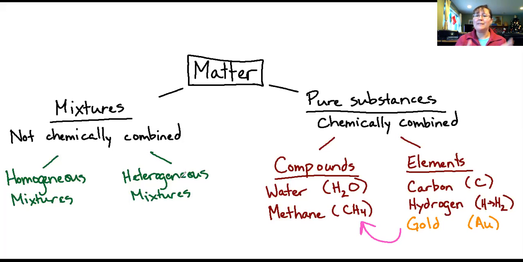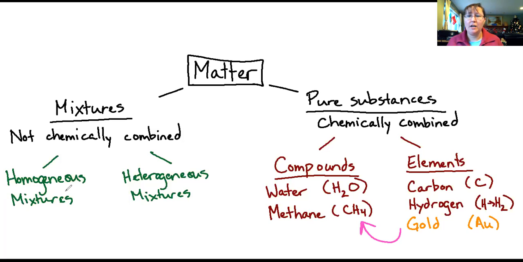That Lego spaceship is a great example of a mixture. The Legos aren't combined chemically, they're just stuck together. And it's a mixture of different Legos. We can see each and every Lego in that spaceship. And so that's a heterogeneous mixture.